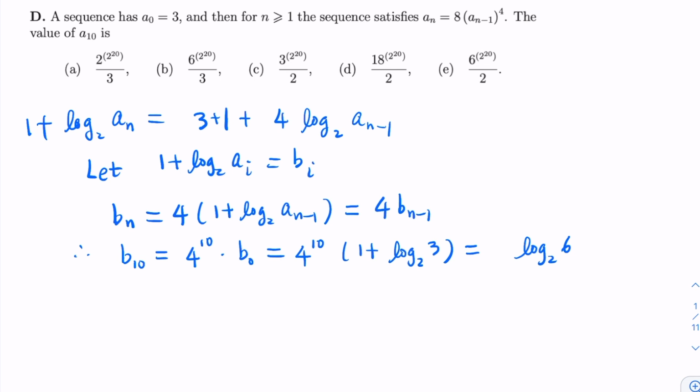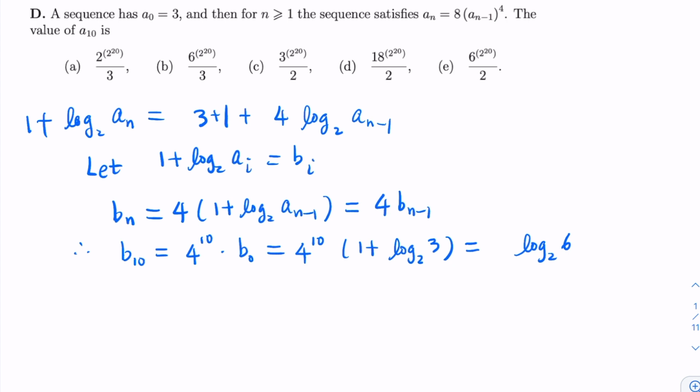This is the property of logarithm, right? And then if you multiply something, it is equivalent to putting this to the power. So that's going to be raised to the 4 to the 10th power. Okay, so this whole thing is a logarithm here. Okay, what is the left hand side? b10.